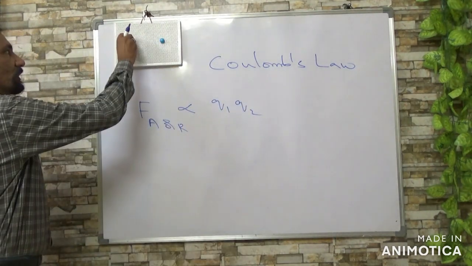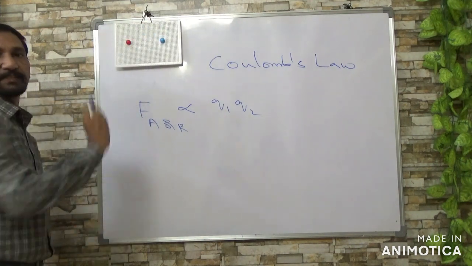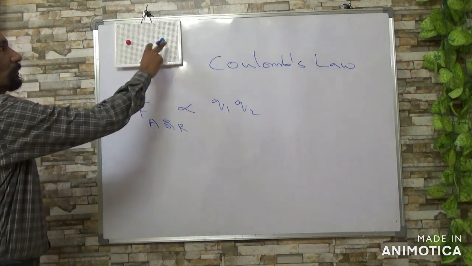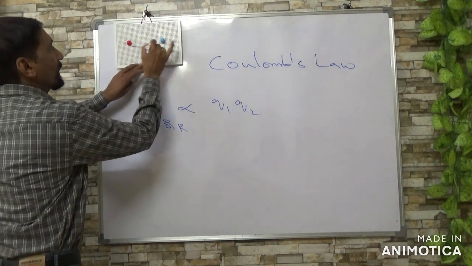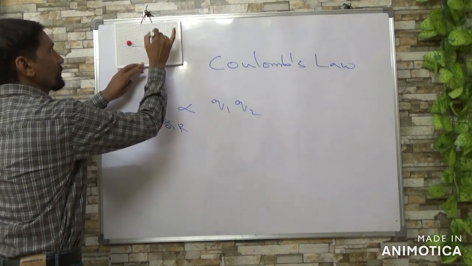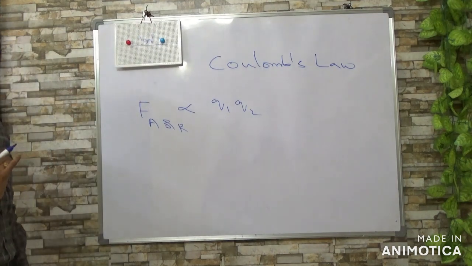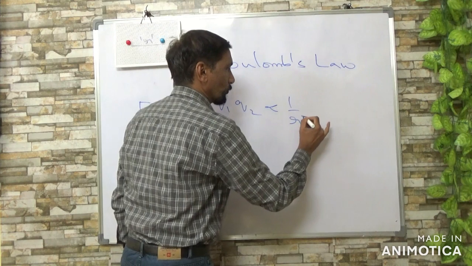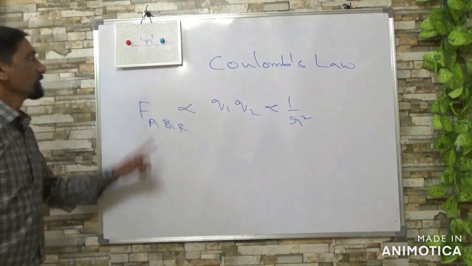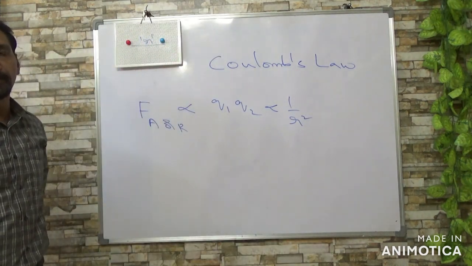So let us consider 2 point charges, say Q1, Q2, separated by a distance R. It is inversely proportional to the square of the distance of separation.